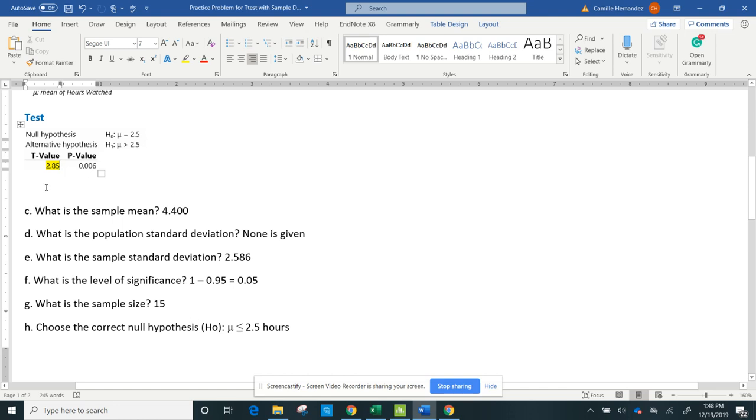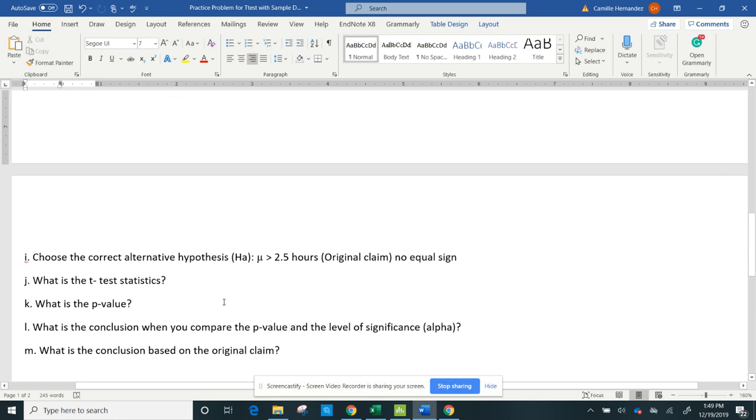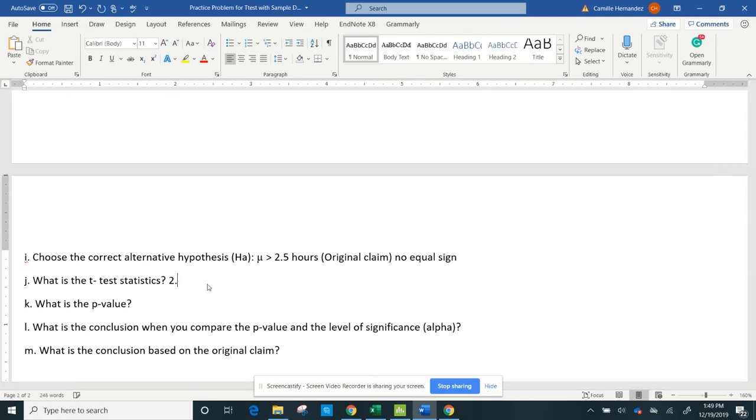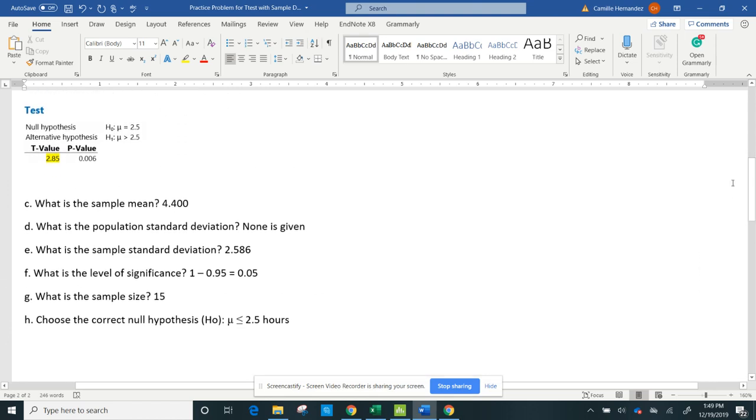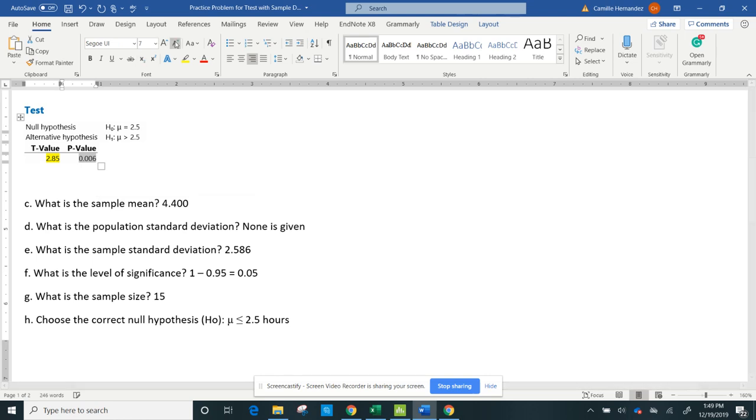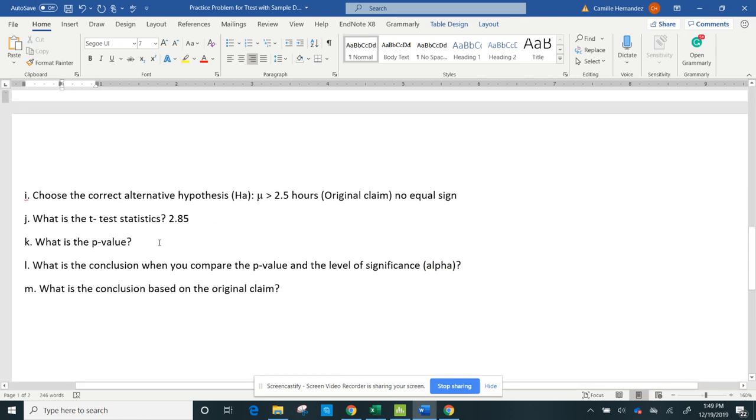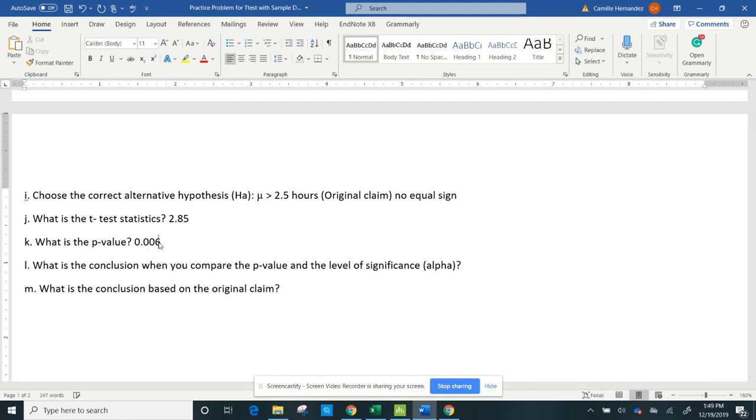So that gives me a t-value of 2.85, which I'm going to put here, 2.85, and then a p-value. Let me look at that p-value, and it's right here, 0.006. So I'm going to go here and put 0.006. All right.